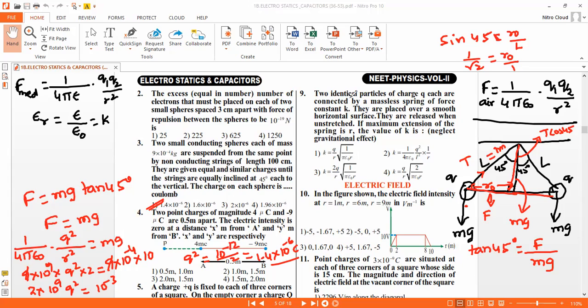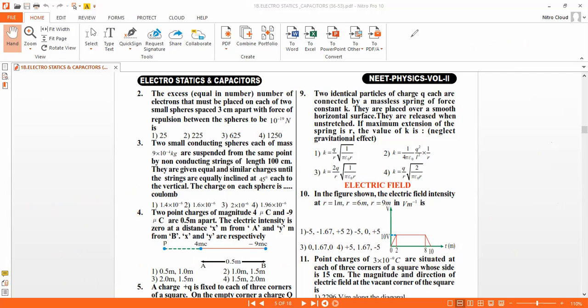Okay, fine. See the next question. Two point charges of magnitude 4 microcoulomb and minus 9 microcoulomb. Here, suppose at A we have 4 microcoulomb. Micro means how much? 10 power minus 6.